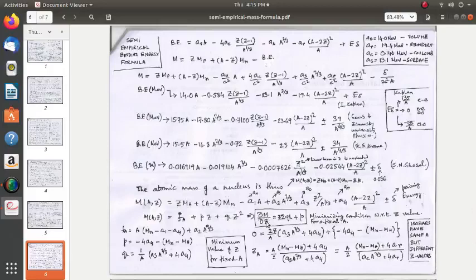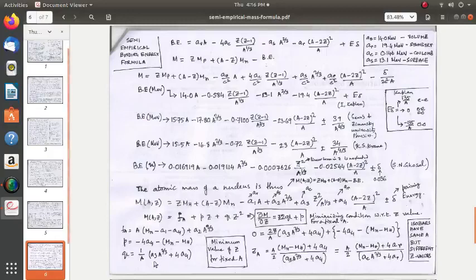So if del M del Z equals 0, you get a relation Z equals minus P by 2Q. So minus P is this: Mn minus Mh plus 4 a_sym, divided by 2Q.